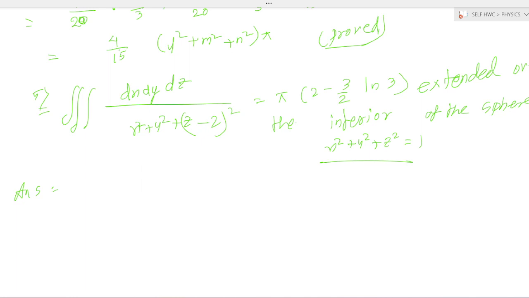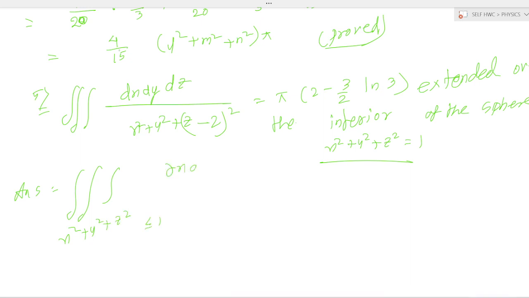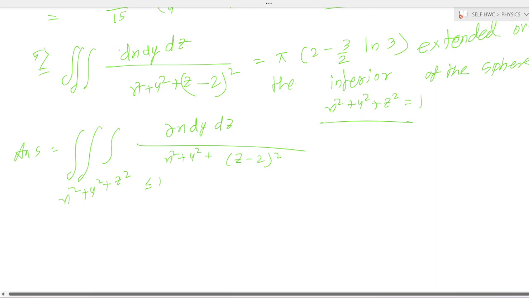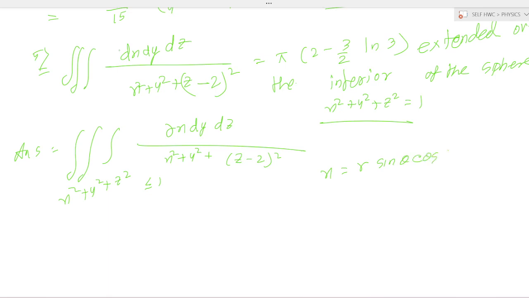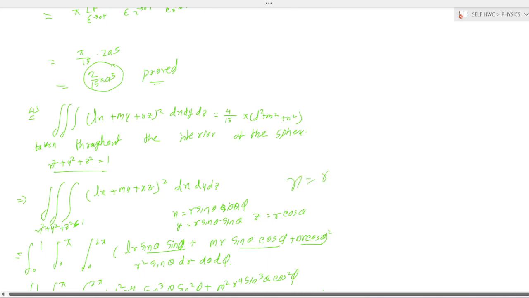Answer: this given region is x² + y² + z² less than or equal to 1, and dx dy dz by x² + y² + (z − 2)². Use the transformation, same as the previous problem, x equals r sinθ cosφ.